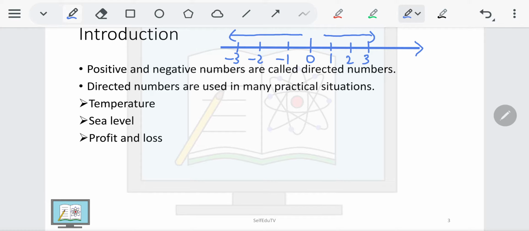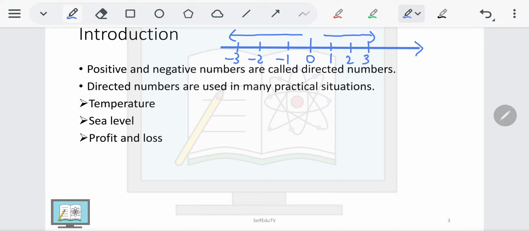Directed numbers are used in many practical situations. For temperature, below 0 degrees Celsius are negative temperatures, above 0 degrees Celsius are positive. For sea level, we use positive and negative signs to show the position.